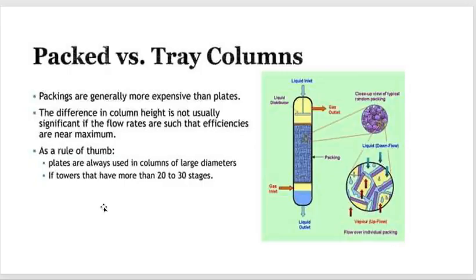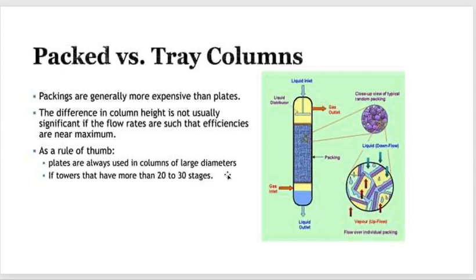Packings are generally more expensive than plates. The difference in the column height is not usually significant if the flow rates are such that efficiency is near the maximum. As a rule of thumb, plates are always used in columns of larger diameter. What do we mean by this statement?